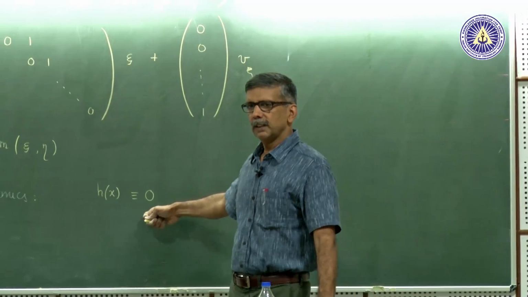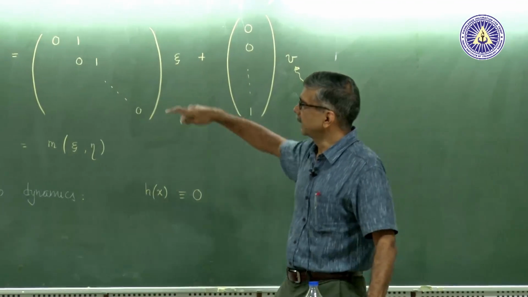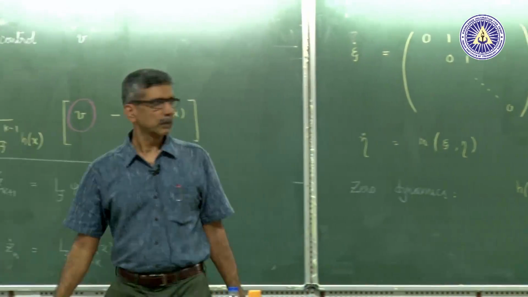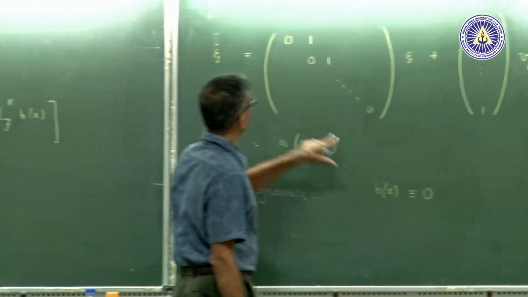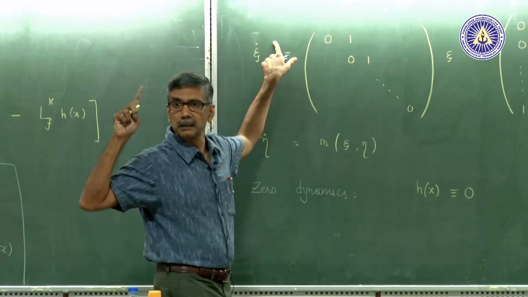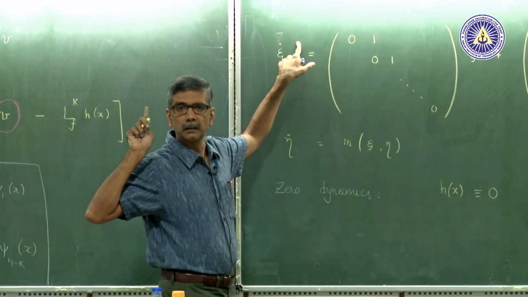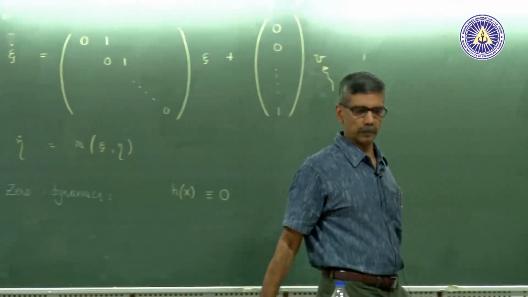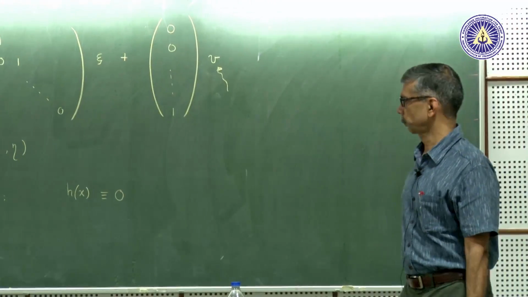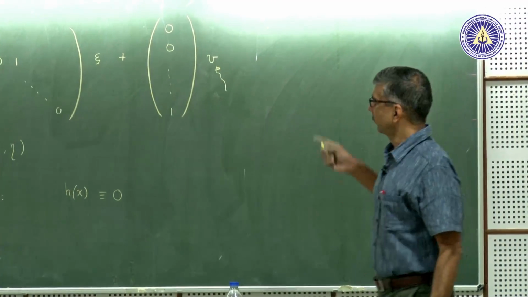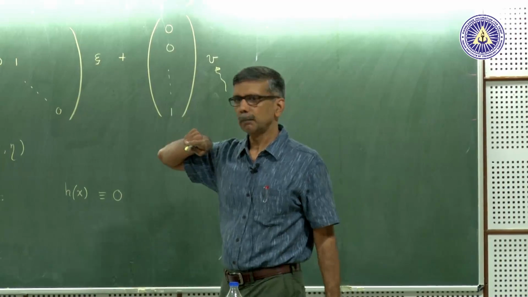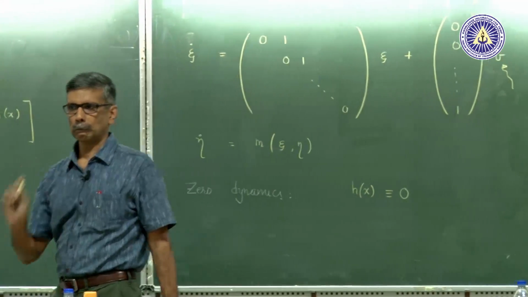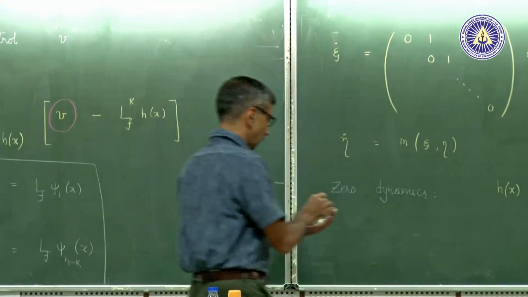Can you tell me, if the output goes to 0, what is the implication in terms of these variables here? What was this h of x? It was psi 1. Remember, psi 1 was that, right? So what does this mean? If through some choice of my input I made the output go to 0, then I would have the following.